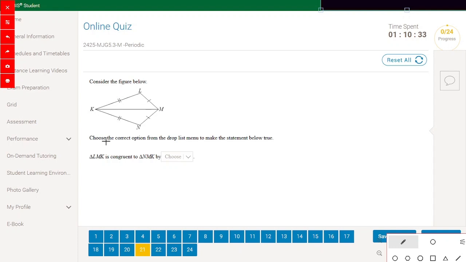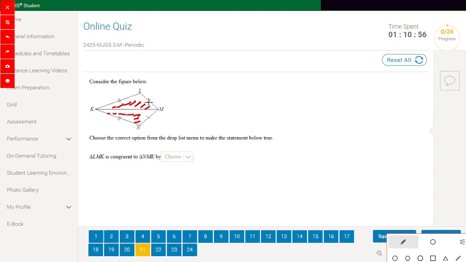Consider the figure below. Choose the correct option from the drop-down menu to make the statement below true. Now I have triangle LMK. This triangle is congruent to NMK by.